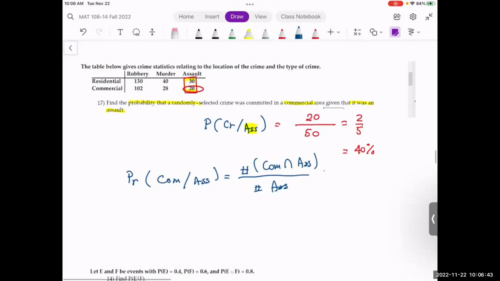You can use probability or numbers, right? Again, you can use the probability of commerce and assault divided by the probability of assault as well. If I'm going to use the numbers of the intersection, how many do we have of commerce and assault? They are only 20. That's 20. And how many assaults do we have? We have 50, right? And that's basically it. The same thing.